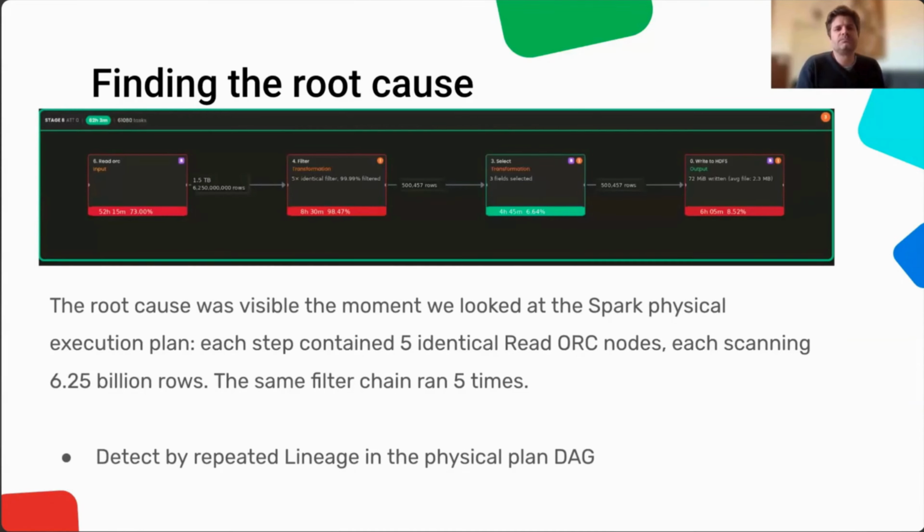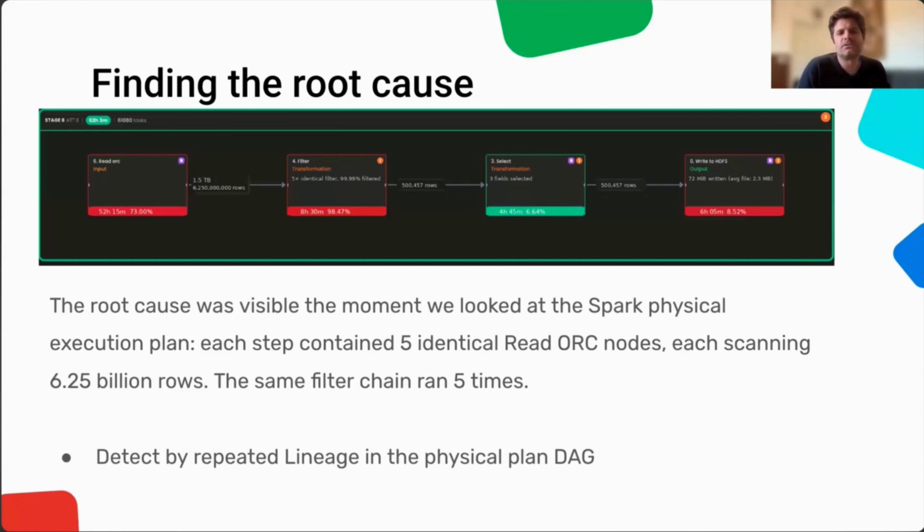Okay, so in the previous slide, we could see which steps caused the highest cost, and then the next thing you should do is understand why it's costing us so much.